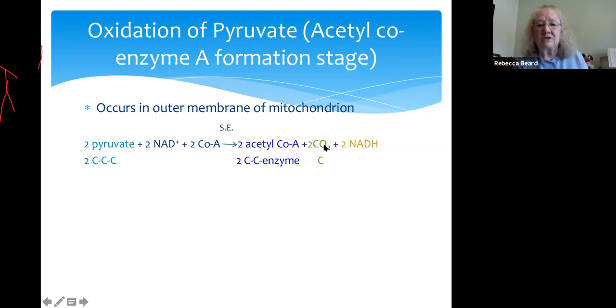combined with oxygen. Now, where did this oxygen come from? Remember the glucose molecule has 6 molecules of oxygen on it.